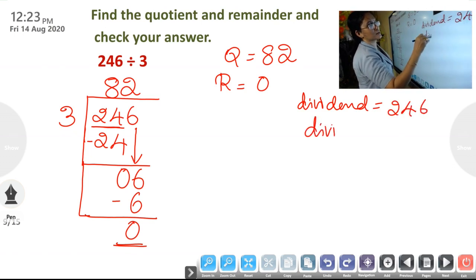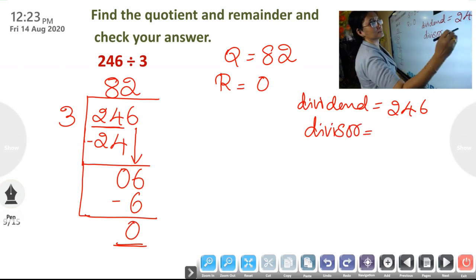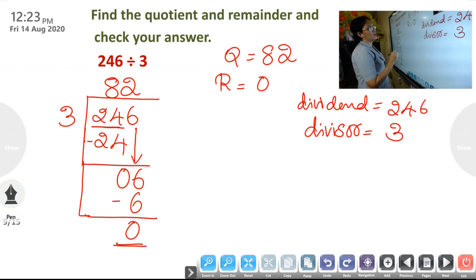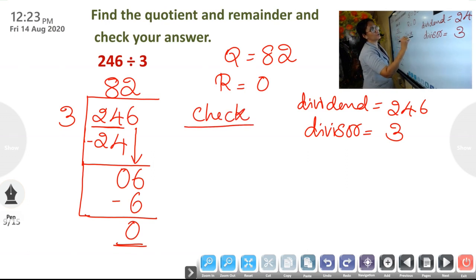And what was the divisor? Divisor is 3. Now what is the question? Find the quotient and remainder and check your answer. So here you have to check your answer. Checking we are going to do now.